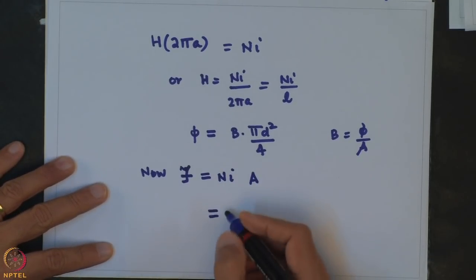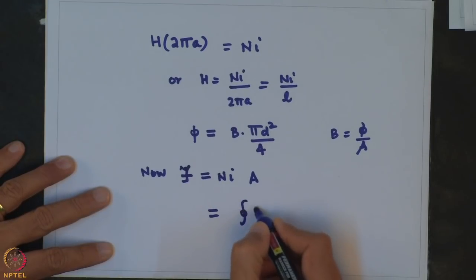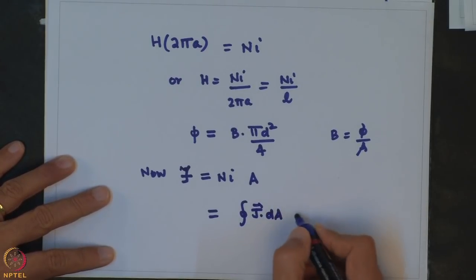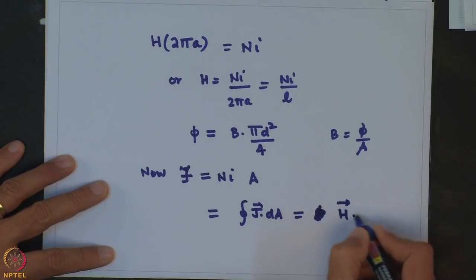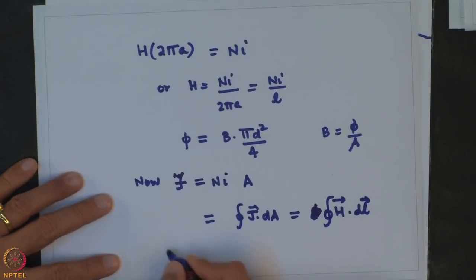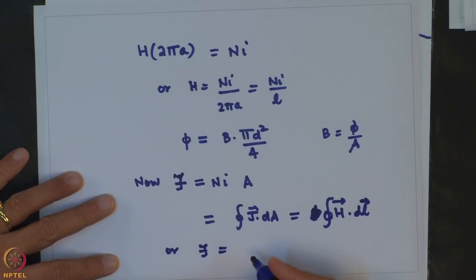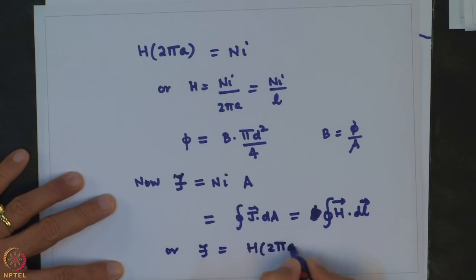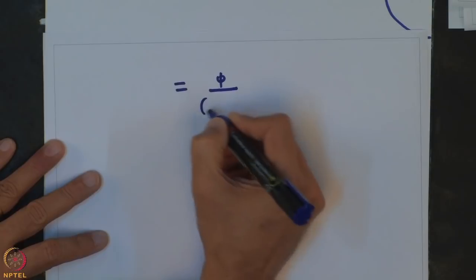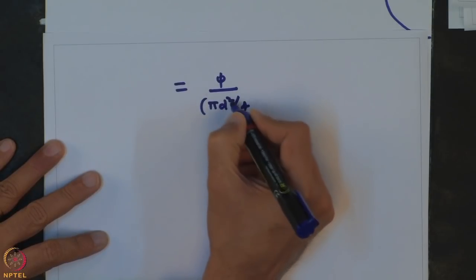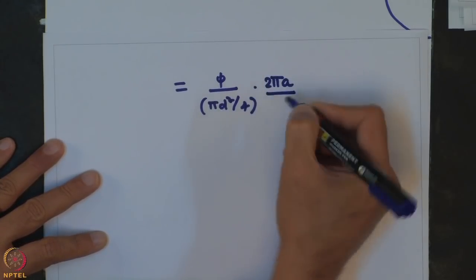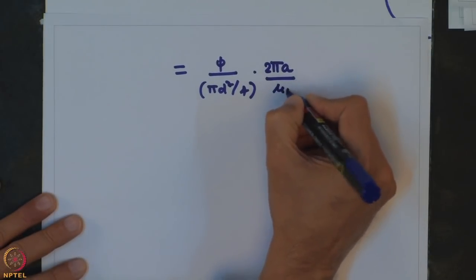So, F can also be written as J dot dA surface integral is equal to H dot dl line integral, or we can say that F is equal to H into 2 pi A, which can be written as phi divided by pi d square by 4 into 2 pi A by mu naught.